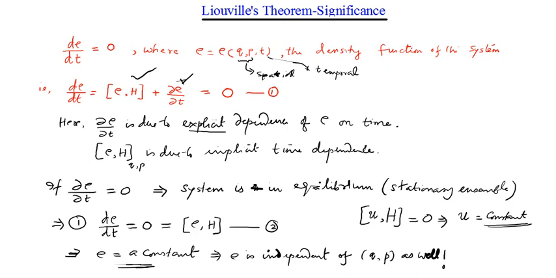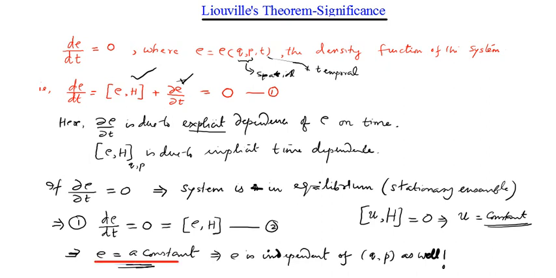Now what is so special about all these discussions? Actually, ρ equal to a constant. This is a very important result. Let me underline it here for you: ρ equal to a constant for a stationary ensemble.